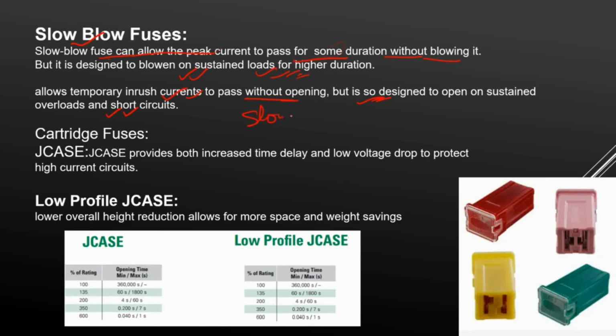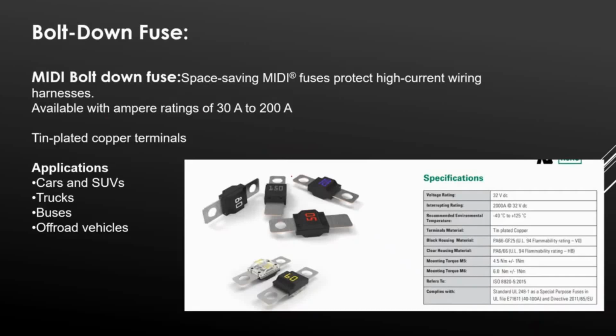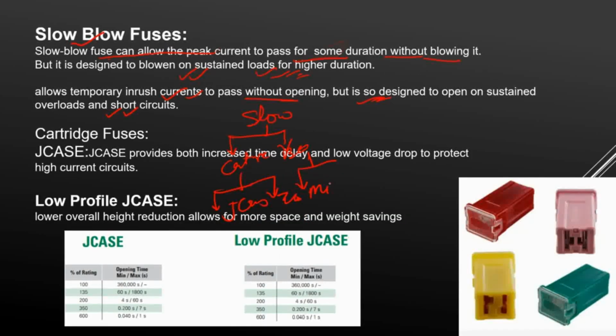So in this slow blow fuse, we have seen how many fuses there were. Cartridge fuses were there and bolt down fuses were there. In cartridge, J case is there, then low profile is there, and in bolt down we have the MIDI fuse and then the mega fuse. Okay.